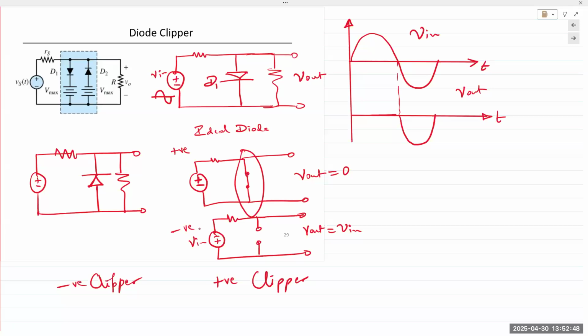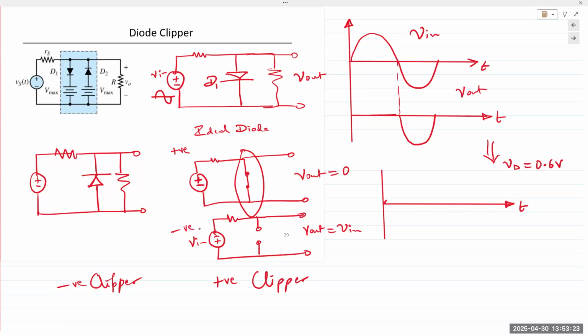All right. So the ideal diode doesn't require any voltage, does not drop any voltage across itself, it simply clips off. If you use a practical diode, it requires 0.6 volts to turn on. So if we take the same circuit, but we use VD as 0.6 volts, the offset diode model, a small positive voltage turns it on.